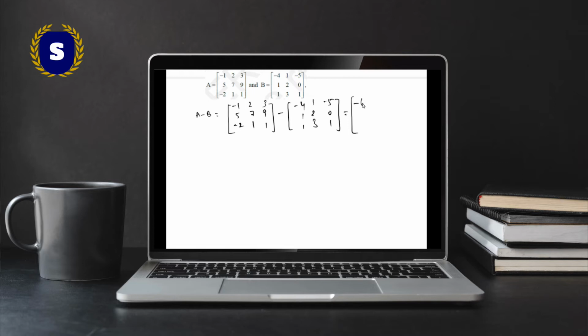[-5, 4, 3, 4, -3, 1, 5, -2, 8, 9, 0]. Okay, so LHS, which is (A minus B) transpose, is equal to the transpose of this calculated matrix.